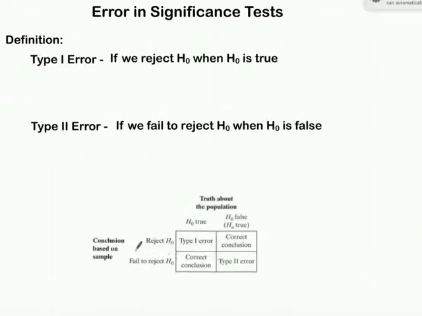So that's good. But if we fail to reject the null hypothesis and the null hypothesis is false, so basically we agree with the null hypothesis even though it's false, and the alternative is true, then we have a type 2 error. So this is going to be very important, and I would refer back to this as often as possible and commit this to memory.